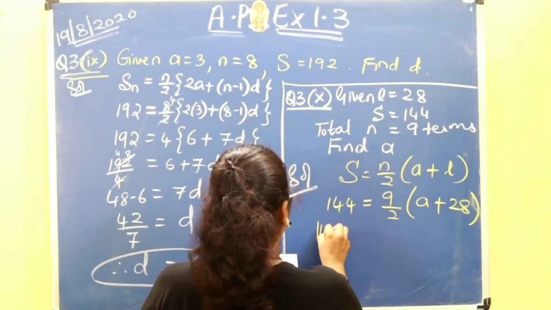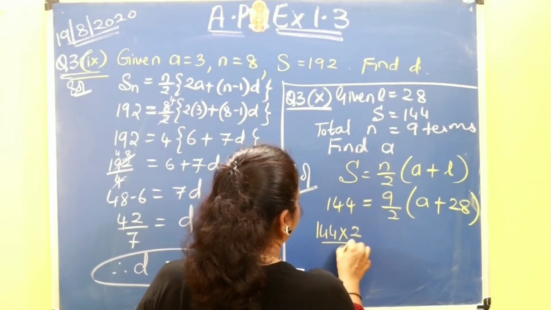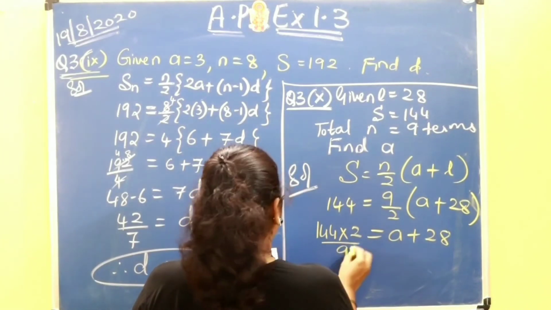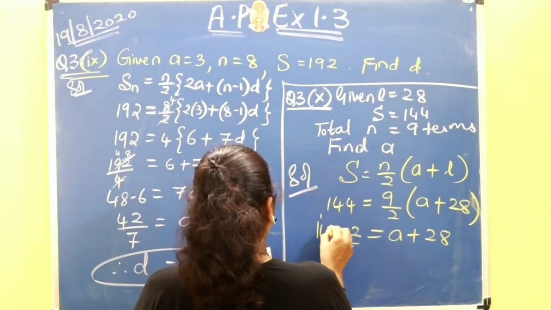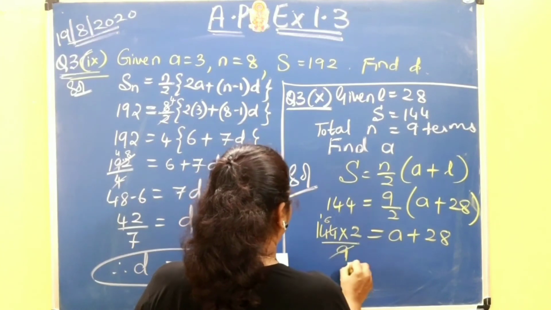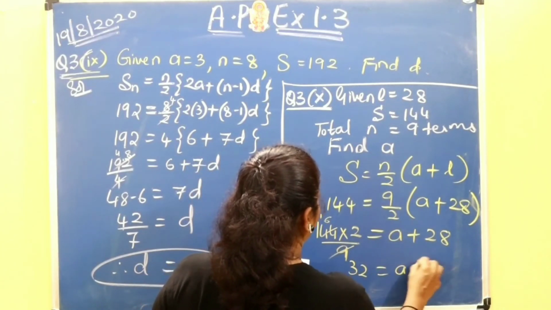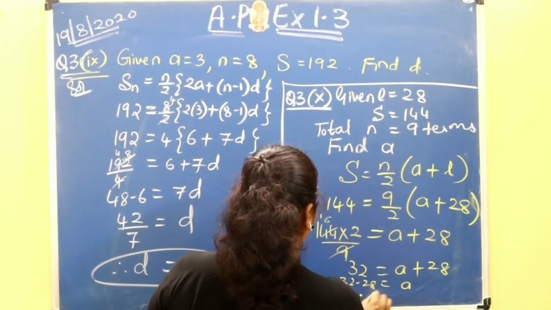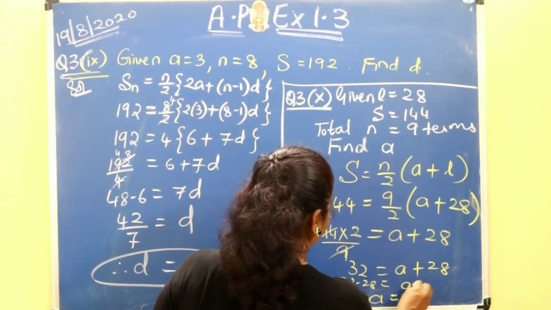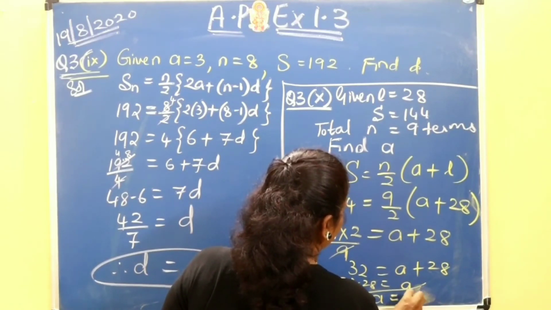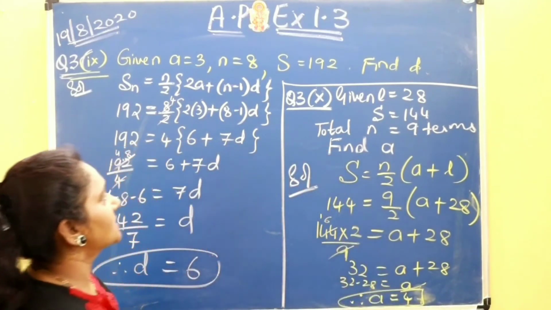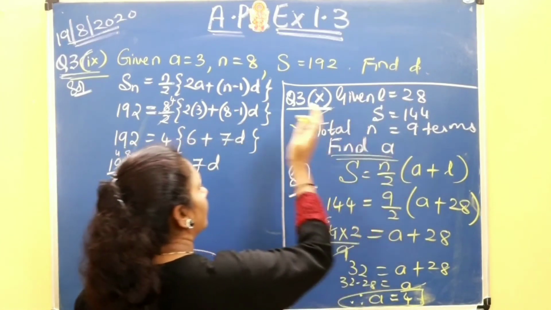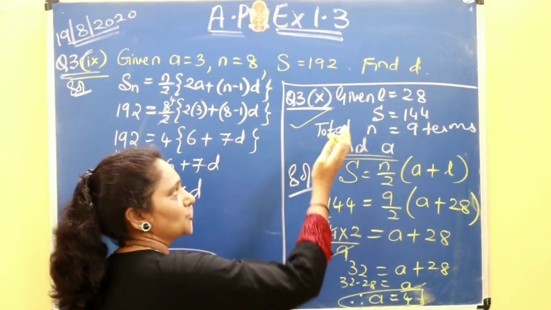So you get 144 into 2 divided by 9 is equal to a plus 28. 9 ones are 9, 9 sixes are 54, so 32 is equal to a plus 28. 32 minus 28 is equal to a, therefore a is equal to 4. Your a is equal to 4. That is what is asked in the 10th question. You have to find out a. This is your 9th question, this is your 10th question.